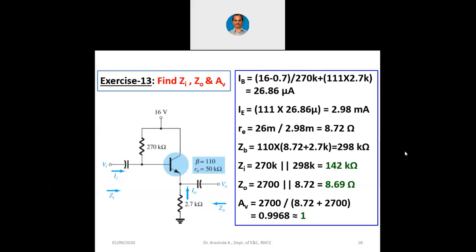They are still used with MOSFETs, and you are going to study MOSFET in much larger detail when you come to third year, because MOSFET is slightly difficult to understand compared to BJT. That is the reason in the second year we are covering BJT, so that you will be familiar with the circuit analysis of AC and DC. Whatever you learn now, the same concept you are going to apply with the MOSFET when you come to third year.